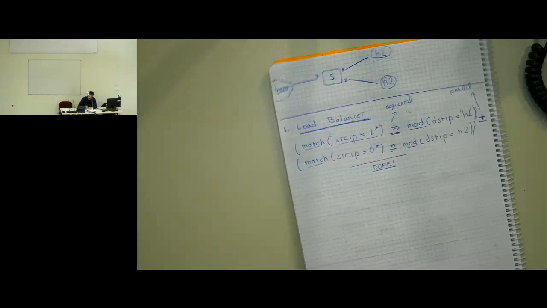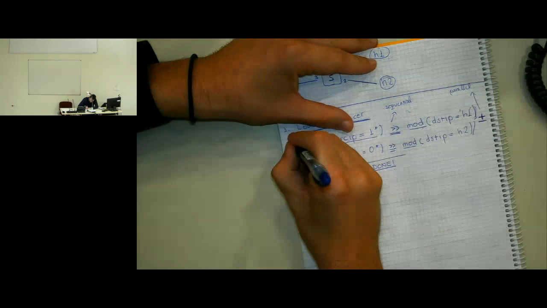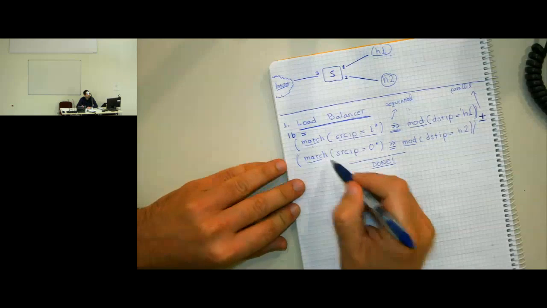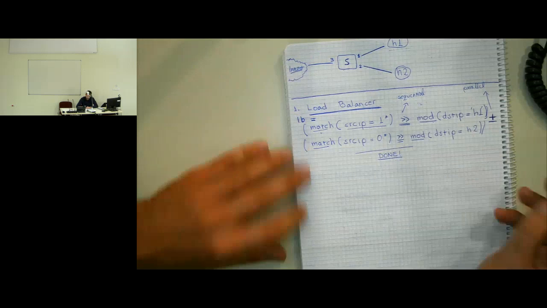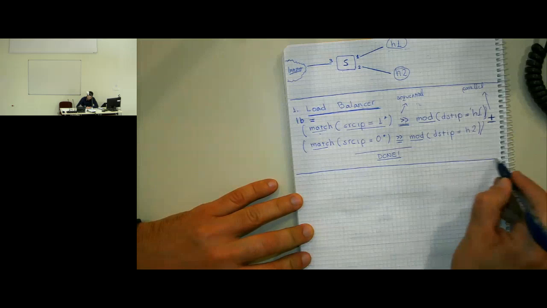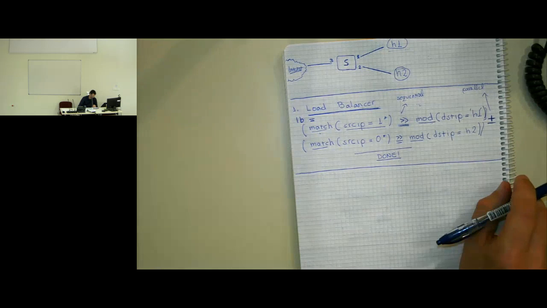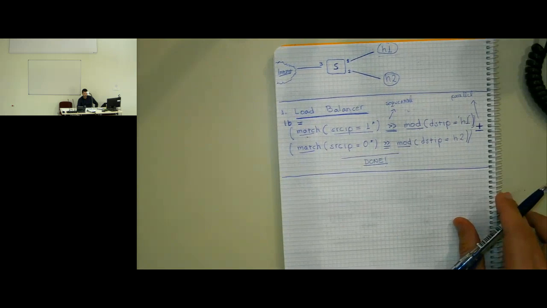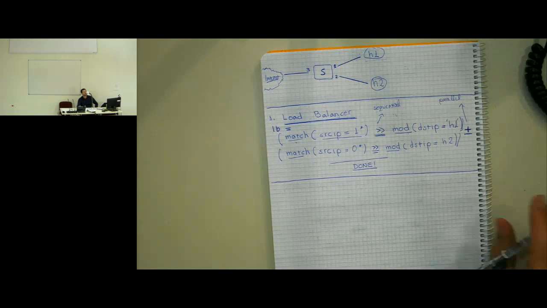Okay, so let's say that this is our load balancer that is defined over here. And what would it return? It would return something to the LB variable.